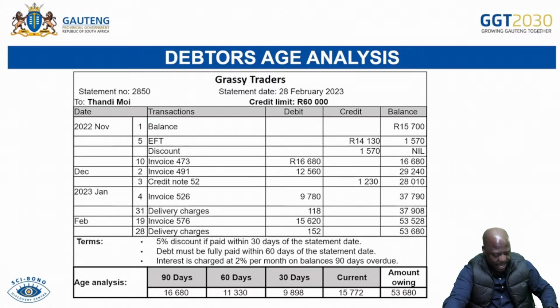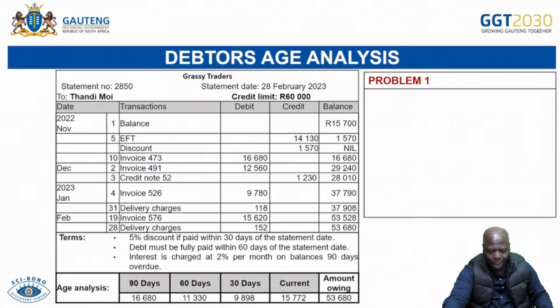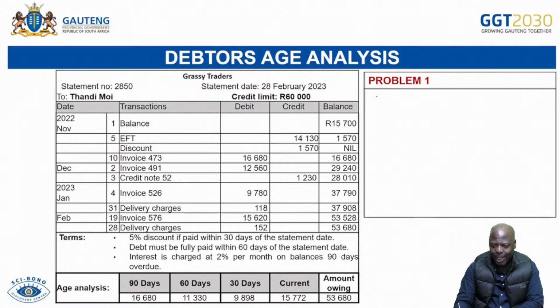And here is the information. Let's go to problem number 1. Where do we look? Let's look at credit terms. All right. So we know that our credit terms were given. And then here, 5% discount is paid within 30 days of the statement date.